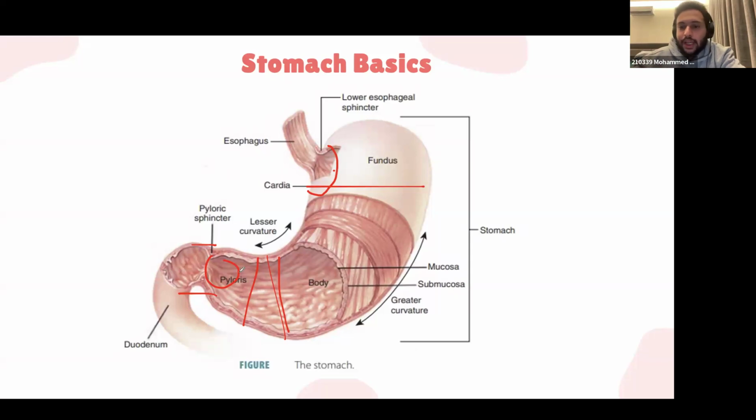Number two, the location of parietal cells. Where are the parietal cells located in these parts of the stomach? Firstly, what do parietal cells do? What do they secrete? Acid. What's another important function? Intrinsic factor. These two functions: intrinsic factor and acid secretion.